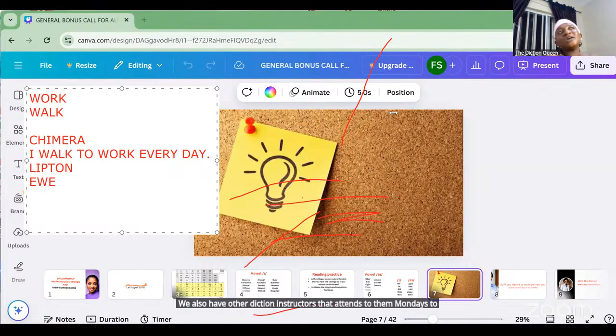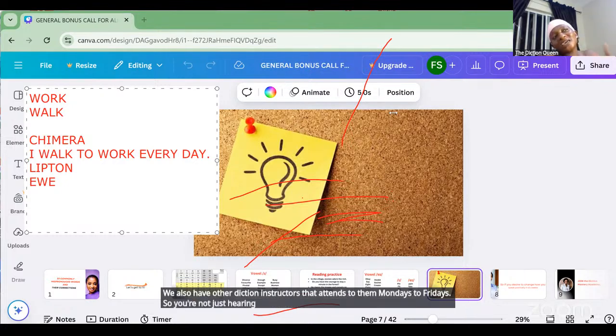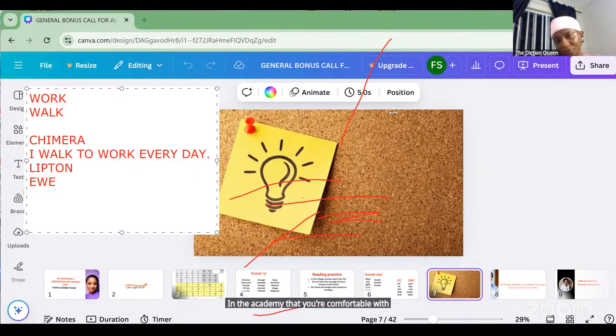So you're not just hearing this over and over again from my end, you're hearing from other diction instructors. They're also teaching you using their own method. So should you not be comfortable with my method, at least there'll be someone in the academy that you're comfortable with their method.